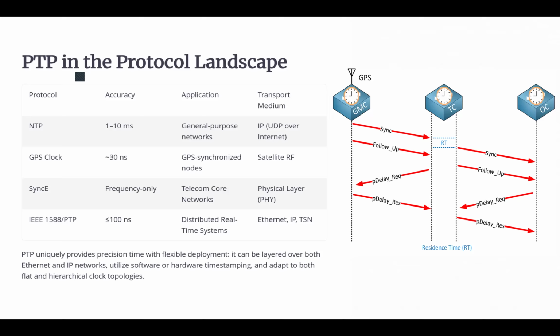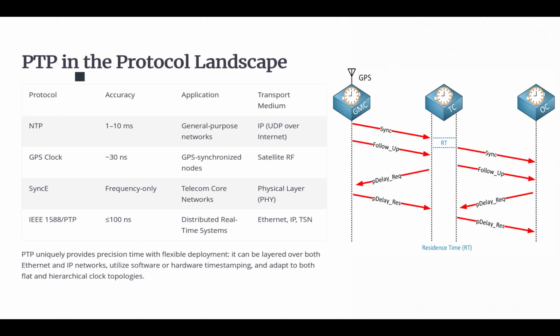Now, SyncE works directly with the hardware and transmits the timing frequency using electrical signals in the cables. It works well in core telecom networks, but it's not flexible for general computing systems.